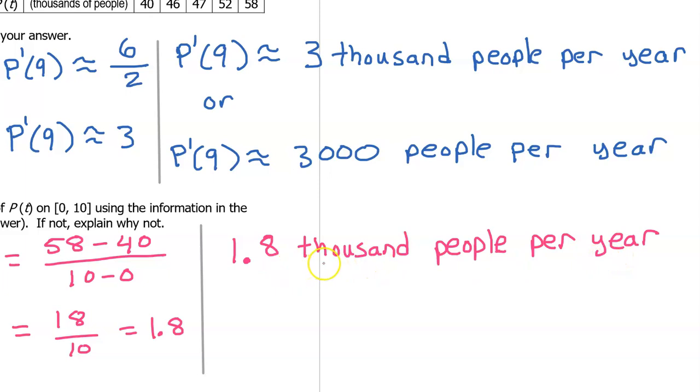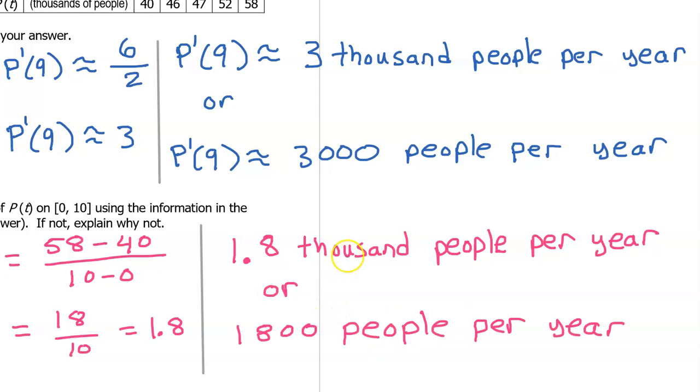Or if we want to just convert this to the actual number of people, we can multiply 1.8 times 1,000. Multiplying by 1,000, you move the decimal point 3 times. So if I do that, I'm going to get 1800. All right? In other words, 1,800 people per year. Either of these answers would be acceptable.